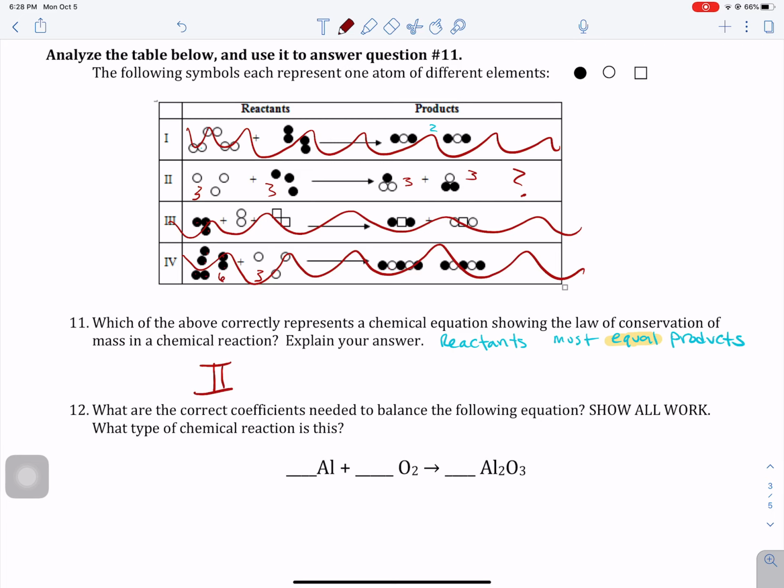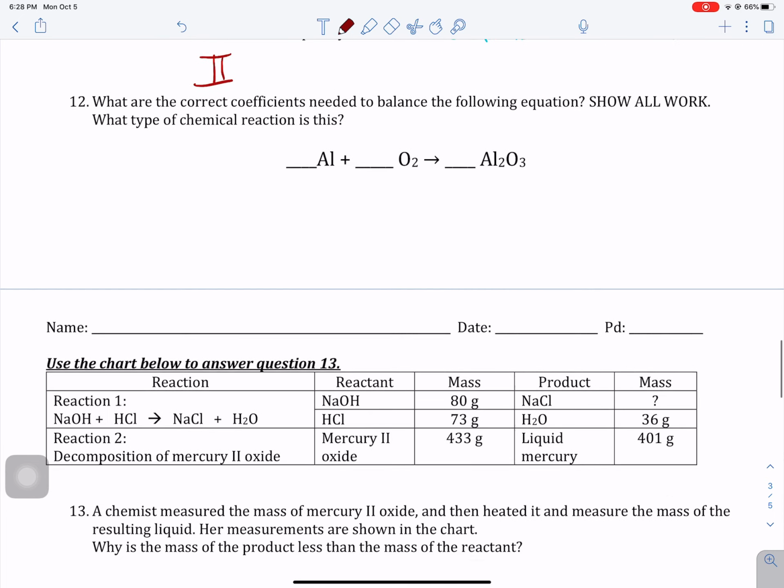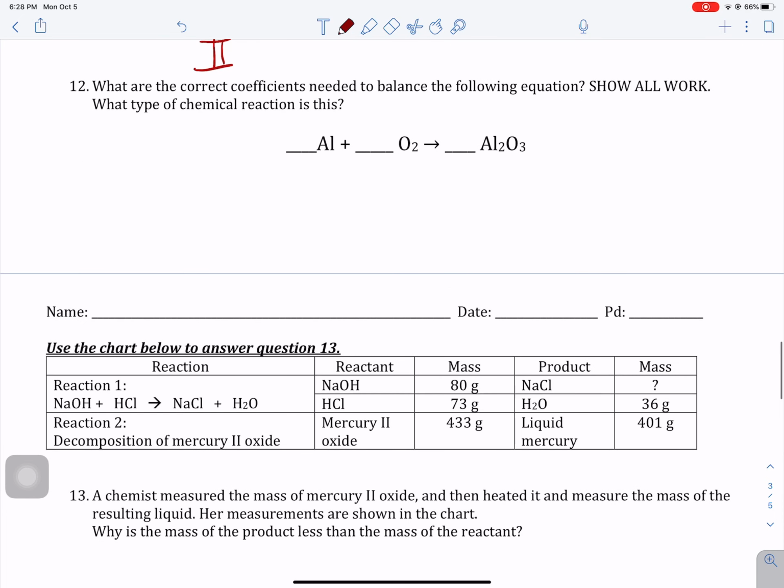Okay. What are the correct coefficients needed to balance the following equation? Okay, let's do the wrap again. You're going to do this every time. So aluminum we have 1, aluminum we have 2. Oxygen we have 2, oxygen we have 3. So we got to get oxygen and oxygen to an even number that they can easily get to.